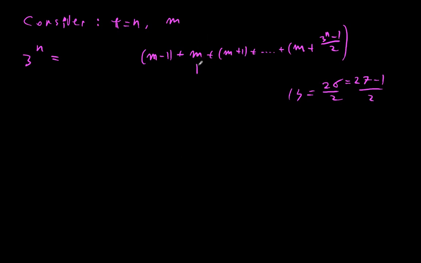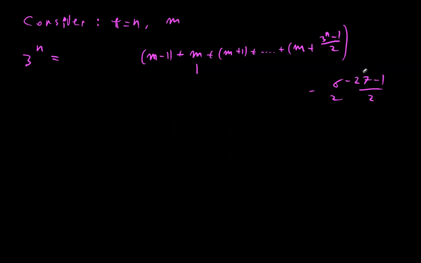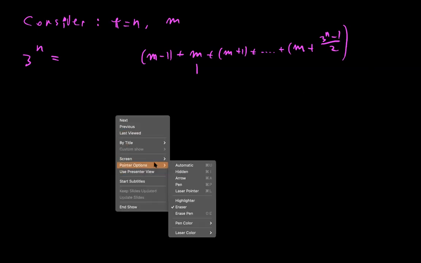So we're doing the exact same thing, right? We have our middle term m. We're going to go all the way up to half of what's left over, and all the way down to half of what's left over. So that's precisely what we're doing here.